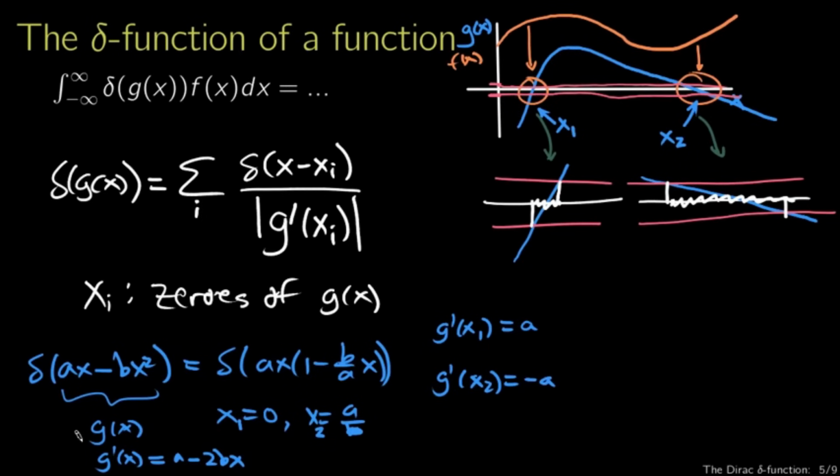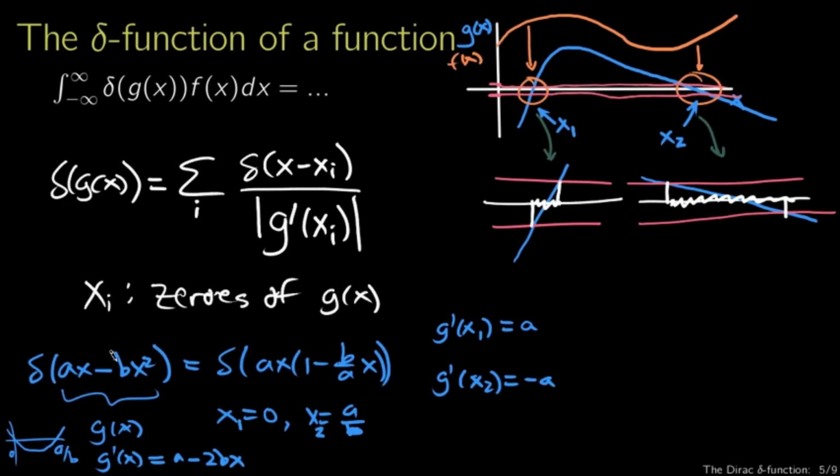And that should make sense, since the function here, g of x, is just a parabola, looks something like this, between 0 and a. No, sorry, not 0 and a, between 0 and a over b.